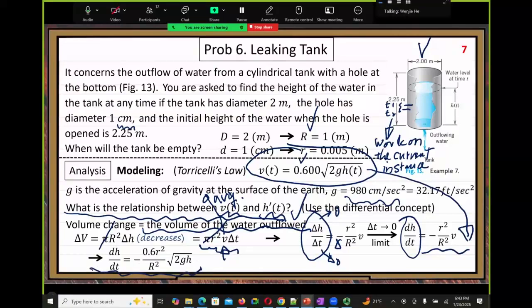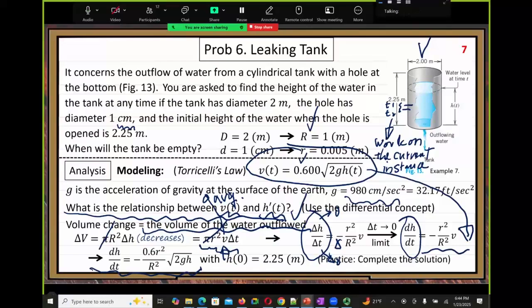There is no v, so you only have one function H in this equation. Then you can solve it. And we have an initial condition. With this initial condition, you can solve it.